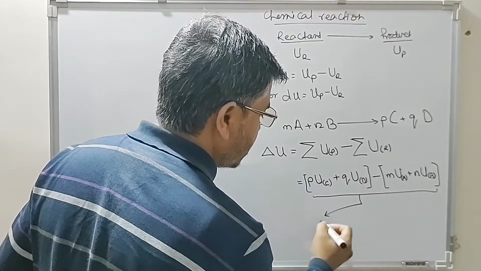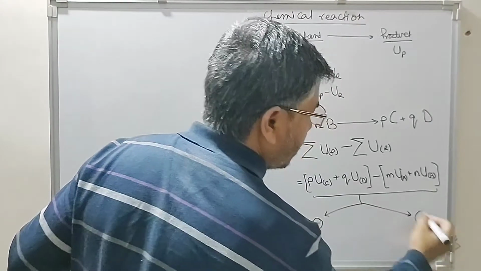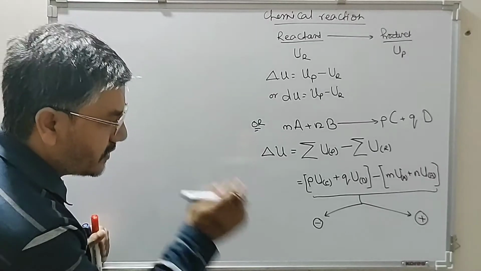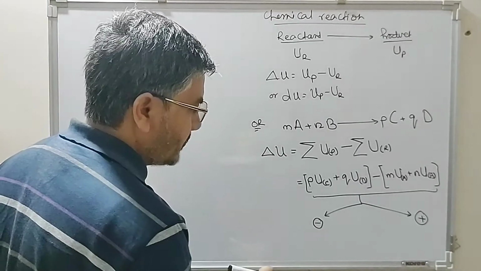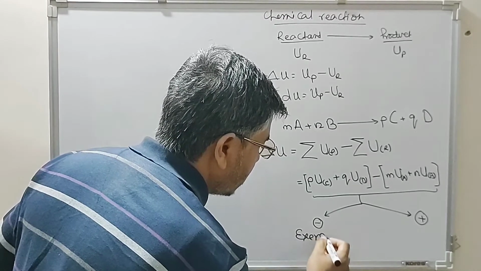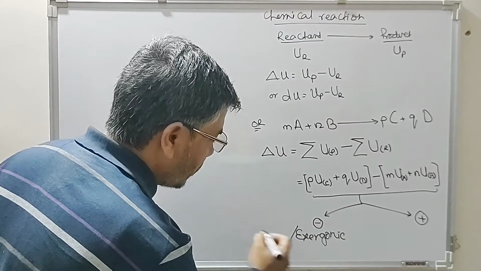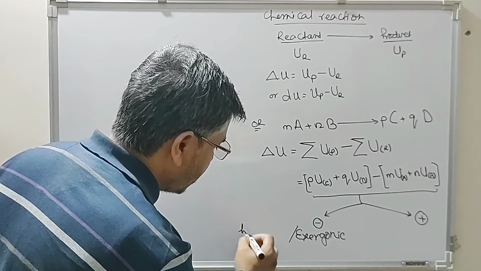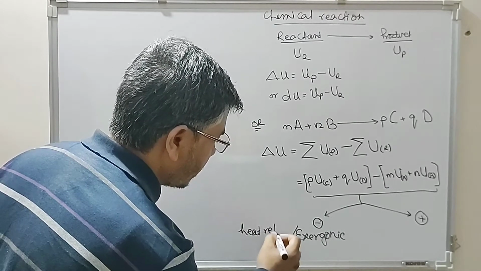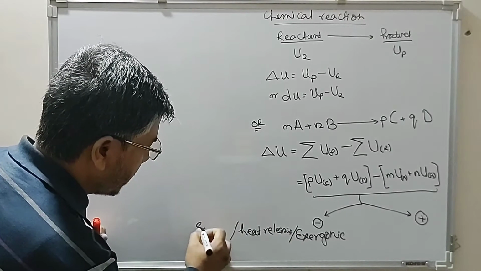If the difference is negative, we say this is an exergonic reaction. Exergonic, we simply say heat releasing, or what we call exothermic.